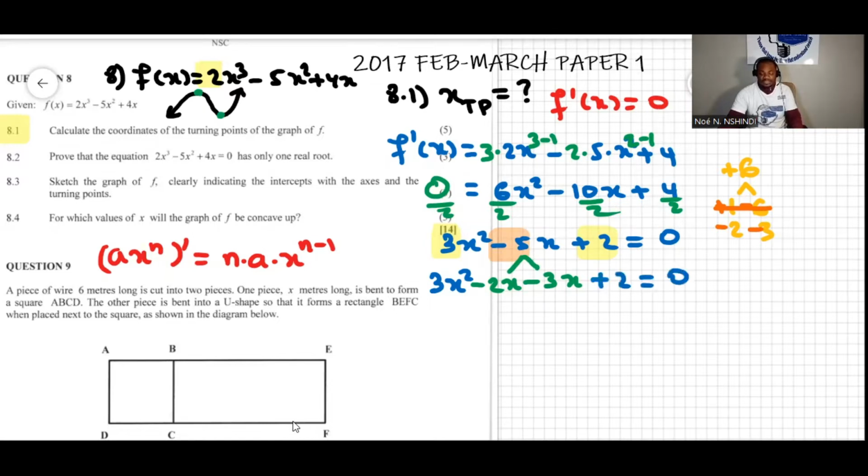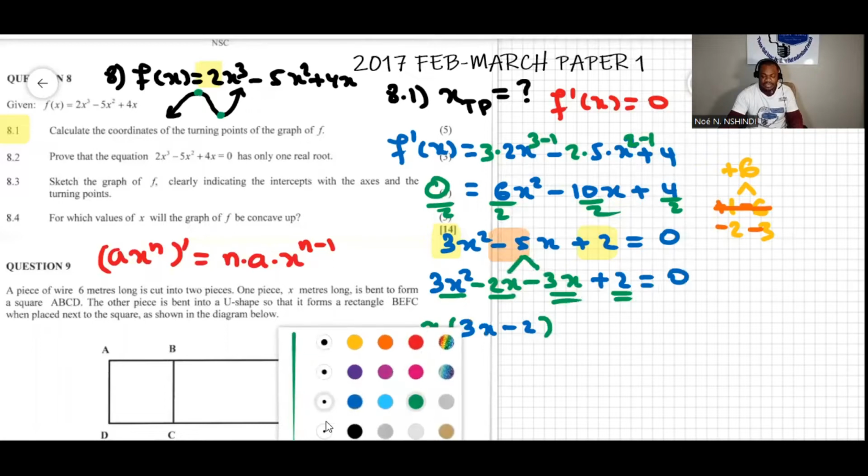Now we can get a common factor in the first two terms. The common factor is just x, so take x as the common factor, and in the bracket it will be 3x minus 2. And then also the last two terms, I factorize this by grouping.